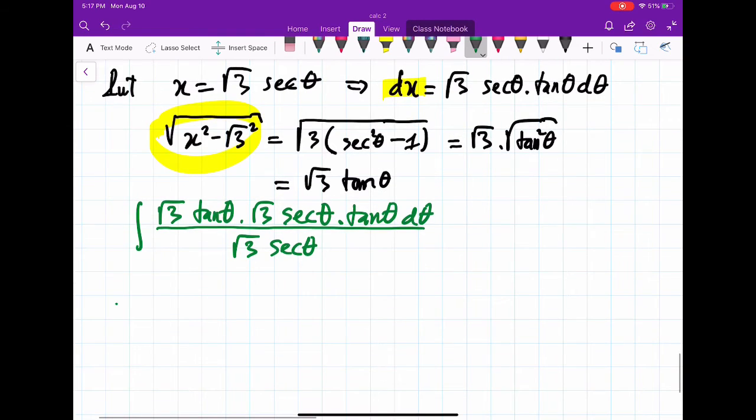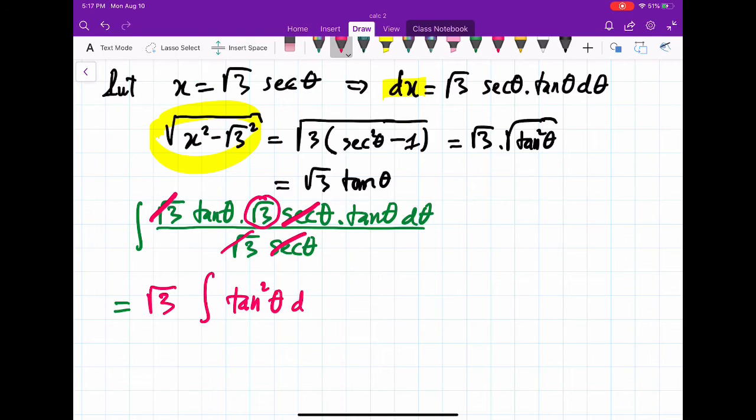What is this? Let's simplify them. We have square root 3 cancelled out, so I write square root 3 in here because we still have 1 in here. Secant with secant will be cancelled out, so I have square root 3 tangent square of theta d theta only, which is pretty nice, right?